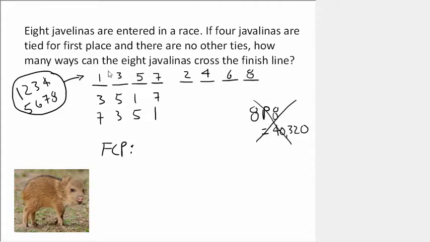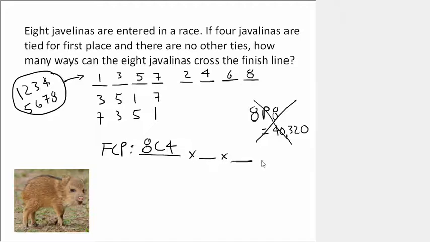Remember, in a combination, order doesn't matter. Well, that's what we have. So this first group of 4 is going to be the combination. We've got 8 javelinas, and we're selecting 4 of them. 8, select 4 combinations.